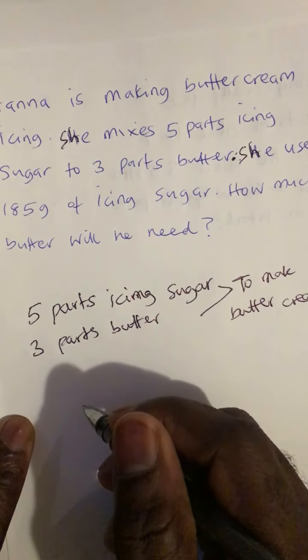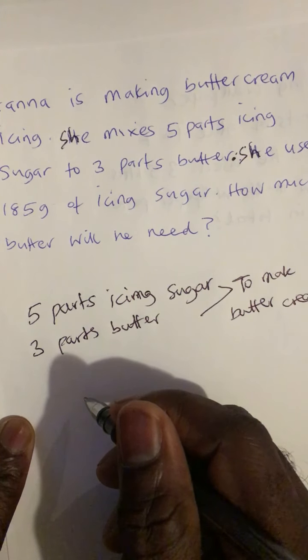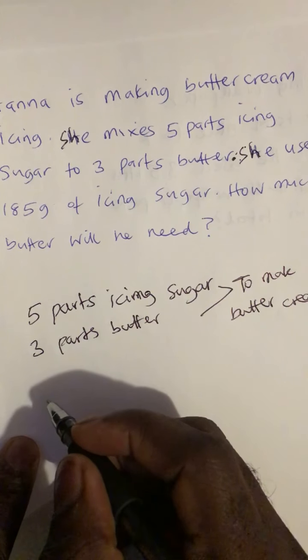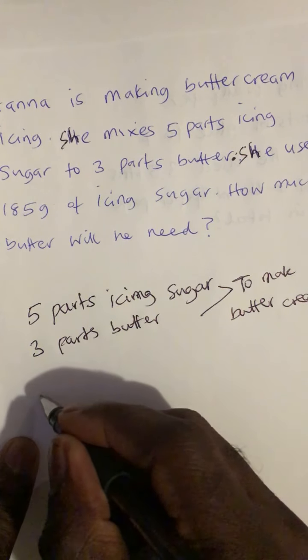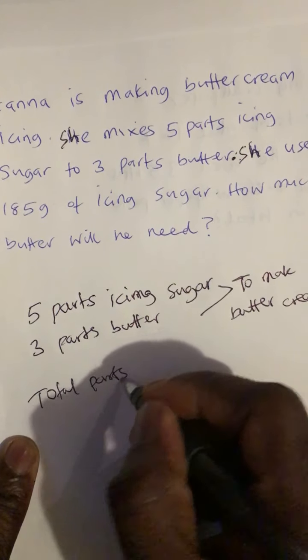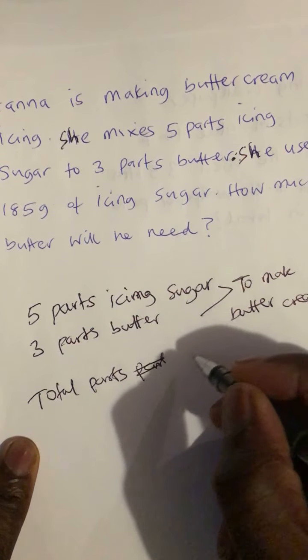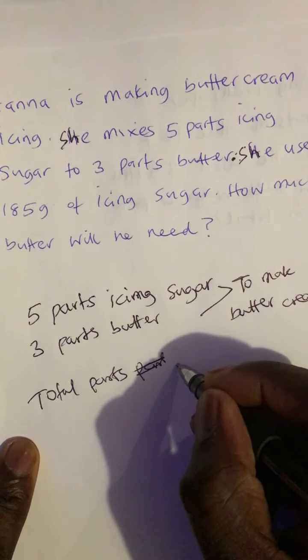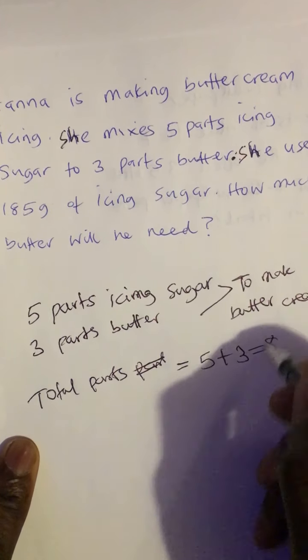So the total parts to make the buttercream is equal to 5 plus 3, which is equal to 8.